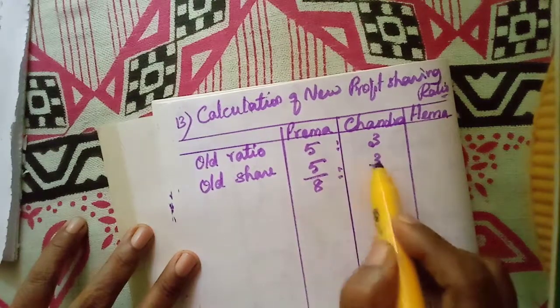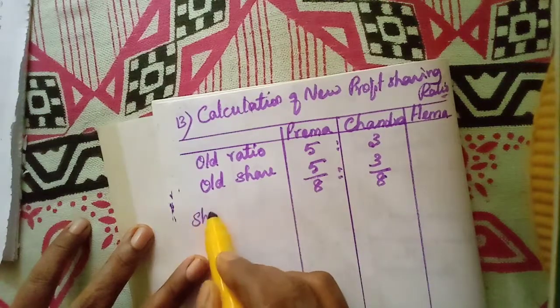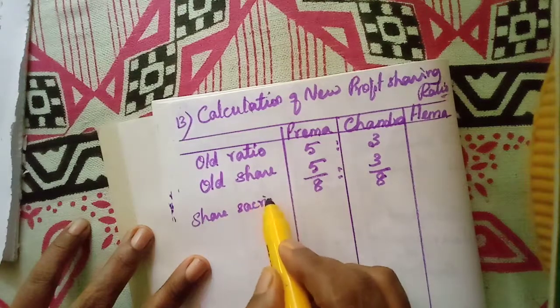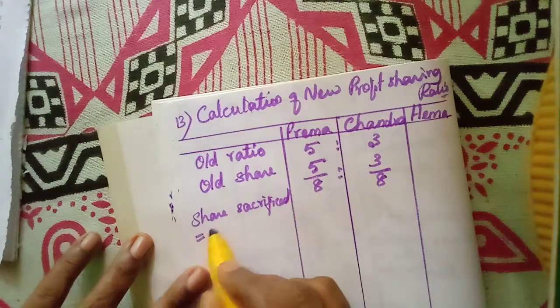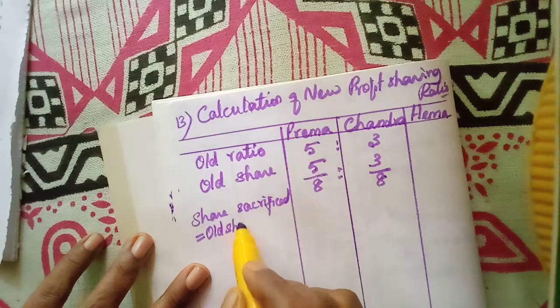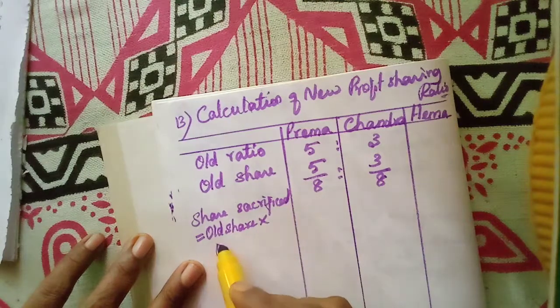Okay, here 3/8. Now share sacrificed is equal to old share into proportion of share.